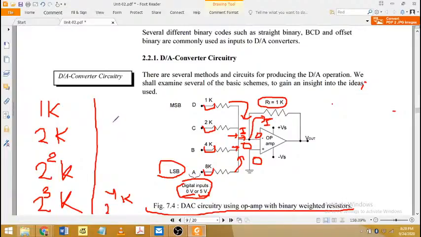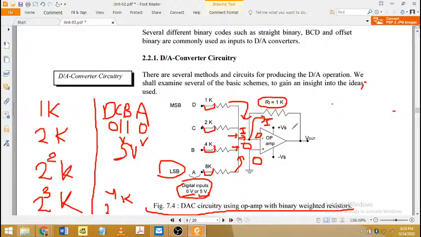Suppose the digital word is this: A is 0, B is 1, meaning we apply 5 volts at B, and C is also 5 volts, and D again is 0. So we apply 0 at A, 0 at D, and 5 volts at B and C. This is how we apply the voltages to the DAC.